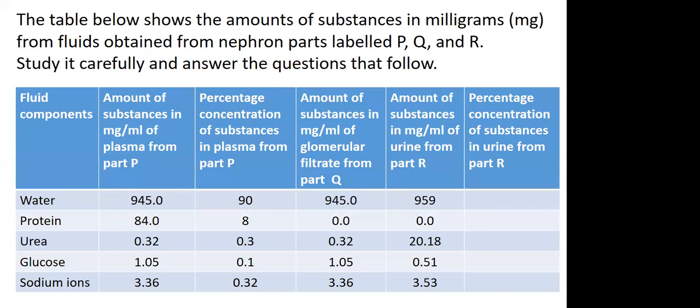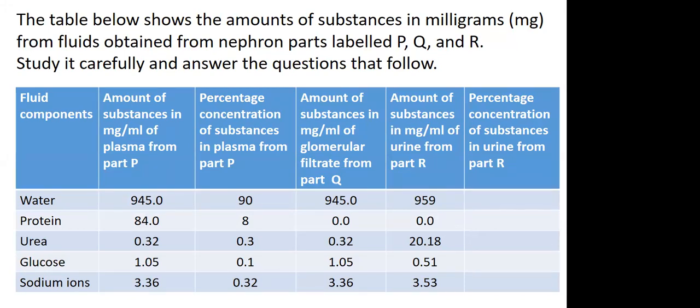And then we also see the amount of substances, again the density, in the glomerular filtrate from part labeled Q. And then we also see the same substances, how they vary when it comes to the urine.